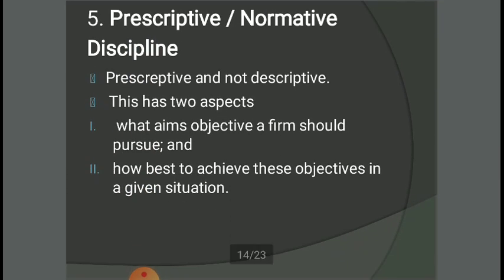Now let us see the fifth nature of managerial economics, that is prescriptive and normative discipline. Firstly, it is written that it is prescriptive, not descriptive. ME is not descriptive. What is descriptive? Descriptive deals with what is, whereas prescriptive deals with what should be. You know, where you have heard the word prescription.